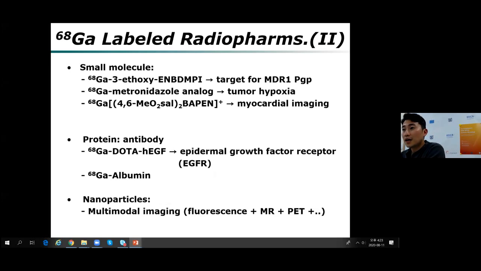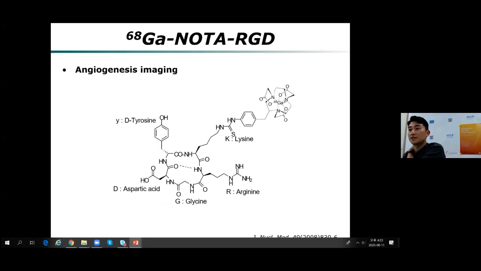So for some kinds of radiopharmaceuticals, we already saw them in previous lectures. This is another example using NOTA-RGD. This is for angiogenesis imaging using RGD ligands, conjugated to the chelator here, and then chelated with gallium radioisotope.